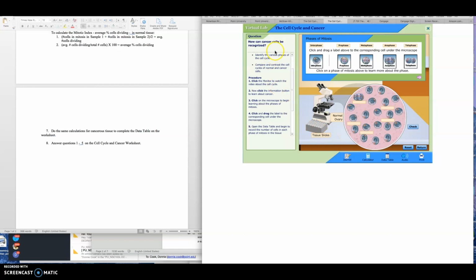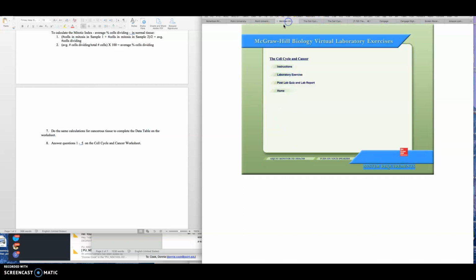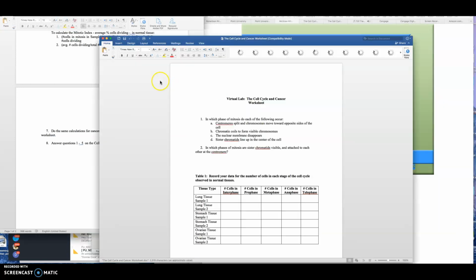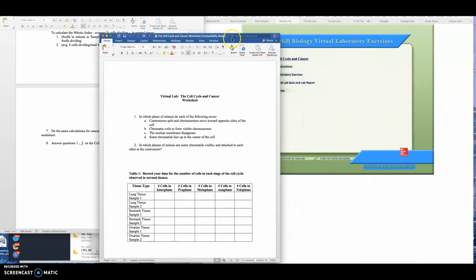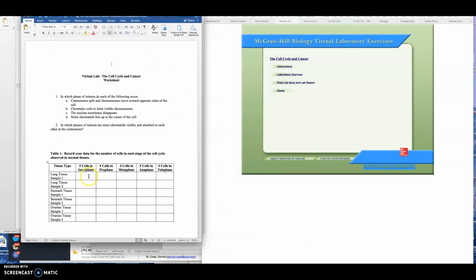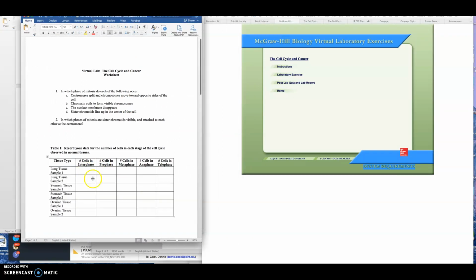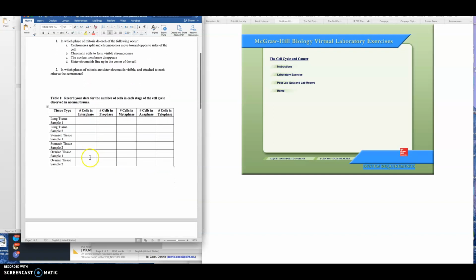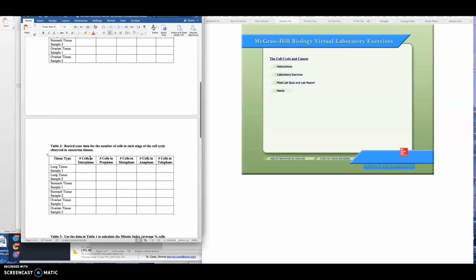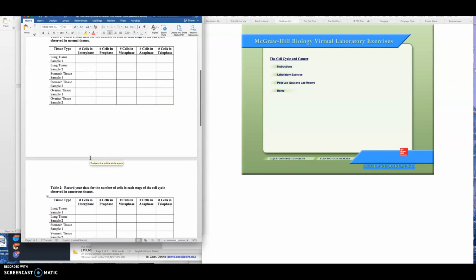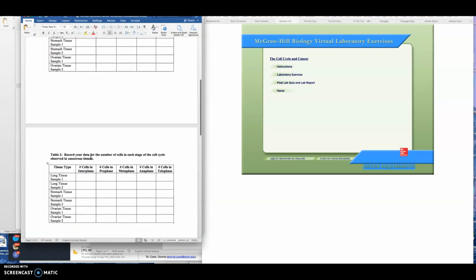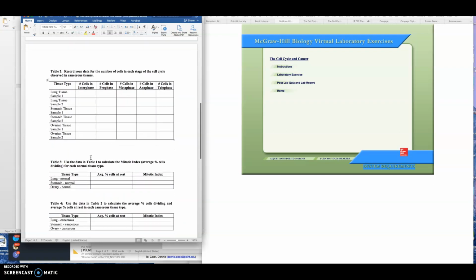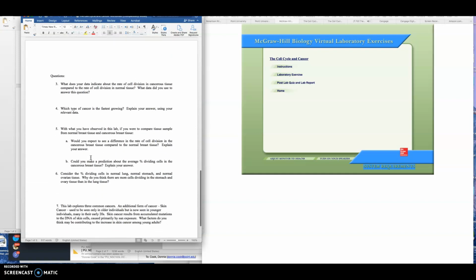So, right here, we'll pull that up. Okay, so there's your data table for all of those things, and then you just have to follow that math.